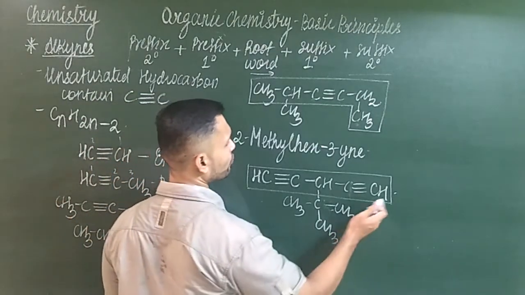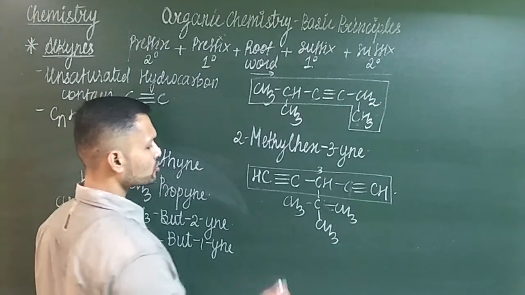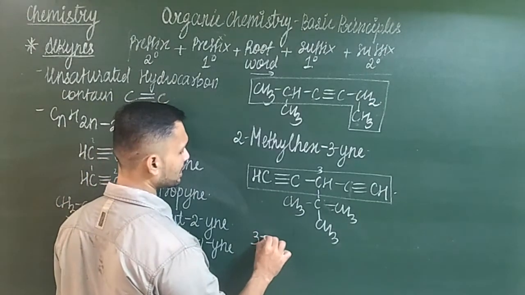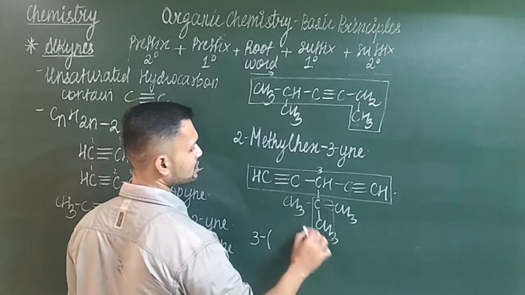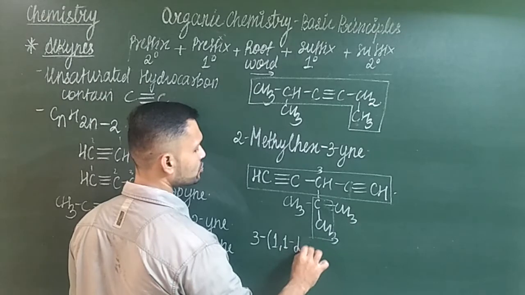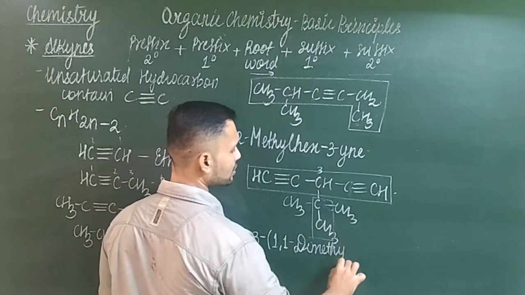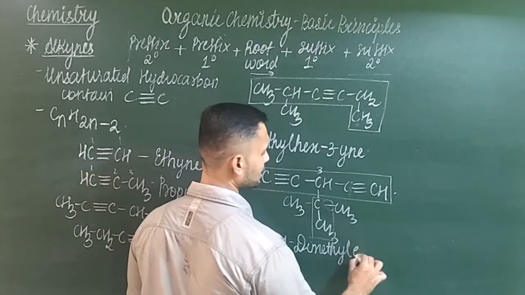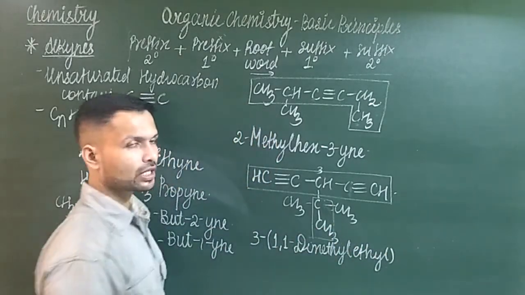So we'll name this. From either side we go, still this will be at the third carbon. So what should be the name? It should be 3, bracket, the longest chain is of 2 carbons, 1 and 1. So this is 1,1-dimethylethyl for these 2 carbons, longest chain ethyl.